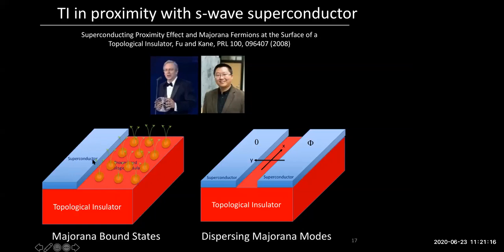Then you proximitize the 2DEG with a superconductor. They were able to show quite easily that when you turn on a magnetic field, inside the vortex cores of this topological insulator, you will see Majorana bound states. These are zero energy Majorana bound states. So this is one geometry where you can realize Majorana modes.